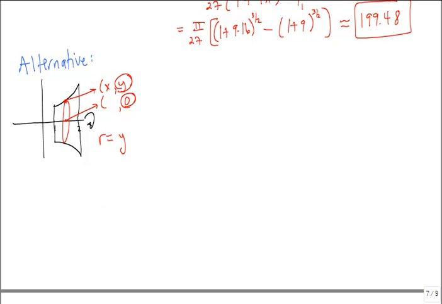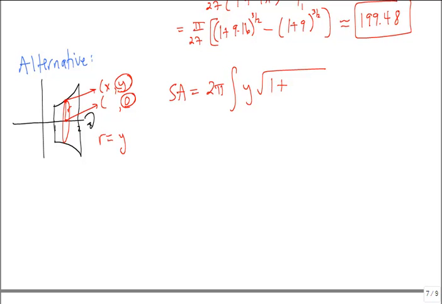So in this problem, this radius function is determined by the y coordinate of that top point. So if I use my radius as y instead, then this surface area formula becomes 2 pi times the radius function, which now I'm just using y, times the square root of 1 plus f prime of y quantity squared.